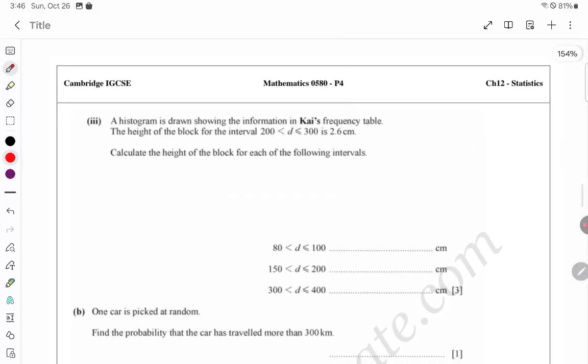In part 3, a histogram is drawn showing the information in chi's frequency table, and the height of the block for the interval 200 less than or equal to distance less than or equal to 300 is 2.6 cm. Calculate the height of the block for each of the following. Now for each of the following, first find the frequency density.